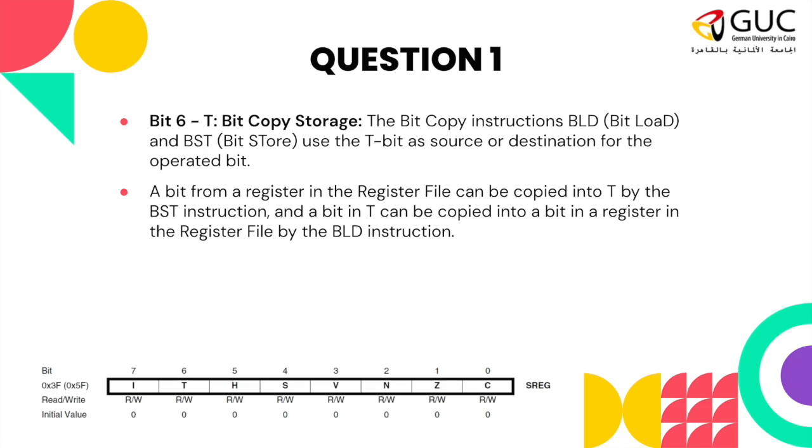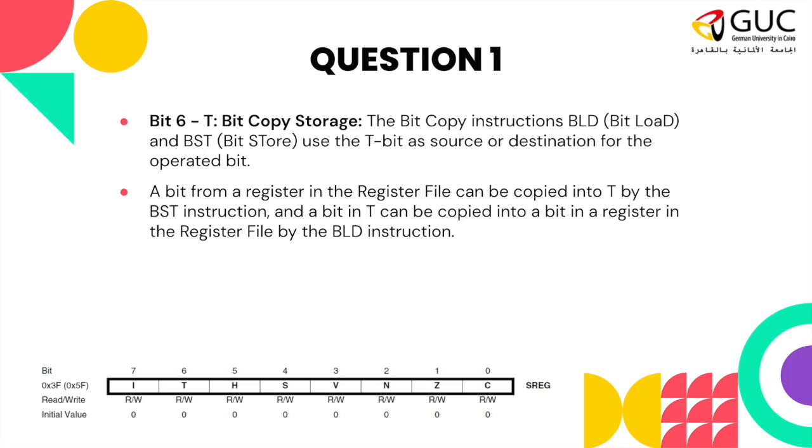Okay, and as you can see, bit number 7, the global interrupt enable, and bit number 6, the temporary bit, are not related to any arithmetic operation. So actually they are present in the status register because the designers did not find a free register to put these two bits in. Therefore, they put them in the SREG, the status register.